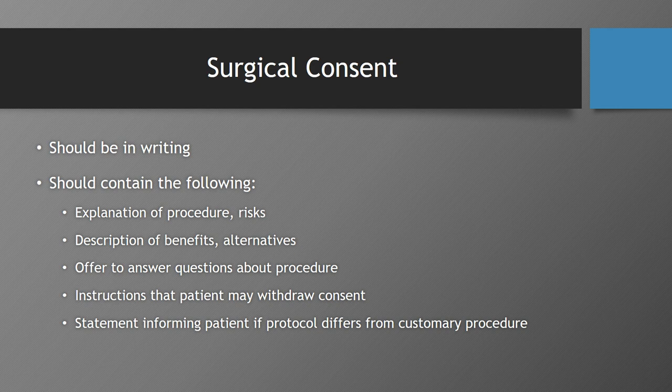So the protocol differing is that it's going to be a laparoscopic appendectomy versus an open. That way the patient understands that when they wake up, all of a sudden they've got this 6-inch incision from their sternum to their belly button, and not knowing why they just don't have the 3 puncture sites, that's because sometimes there are complications.